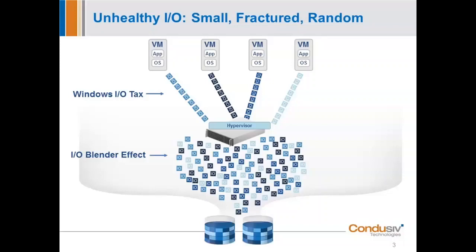And then you get down to the hypervisor, and you have many virtual machines coming down to it. That has to try to handle all these small random I/Os, and you get this I/O blender effect, which Gartner helped us coin too. And it's just very inefficient. You're also not getting the optimal performance out of your storage, because any storage vendor gives you two benchmarks, one for sequential I/O and one for random I/O.